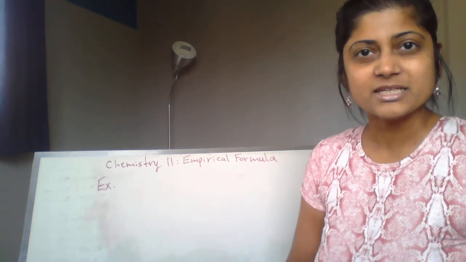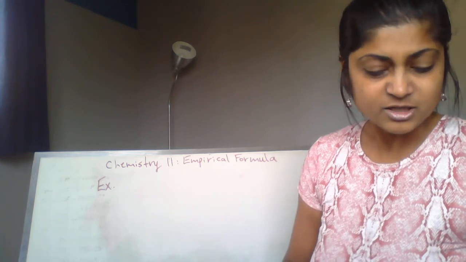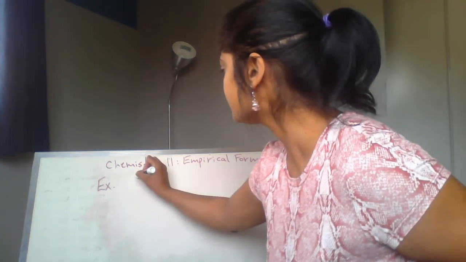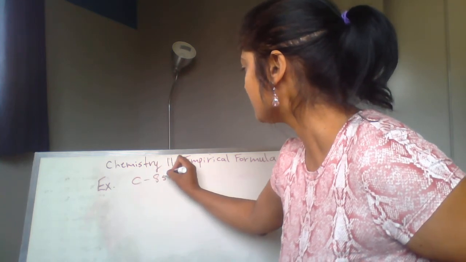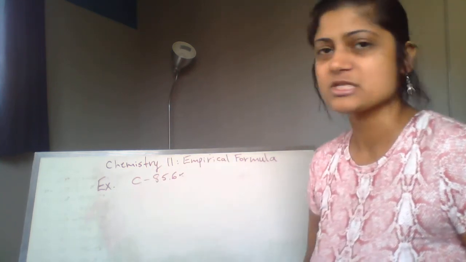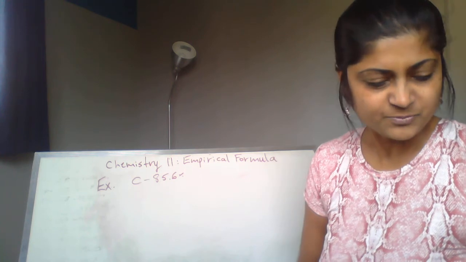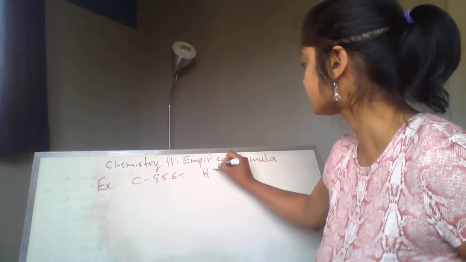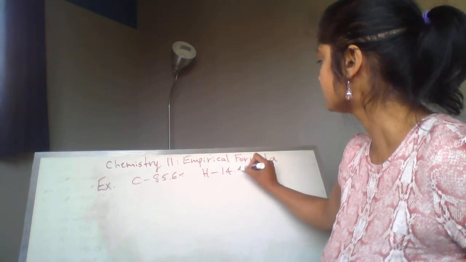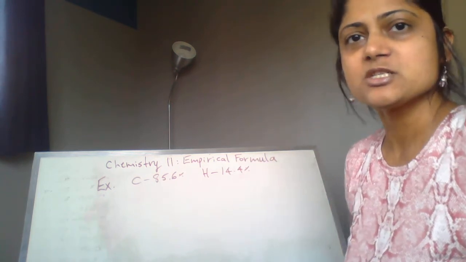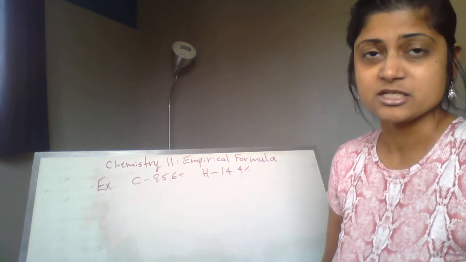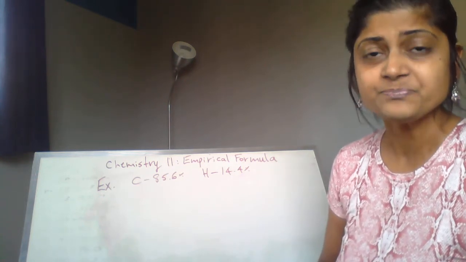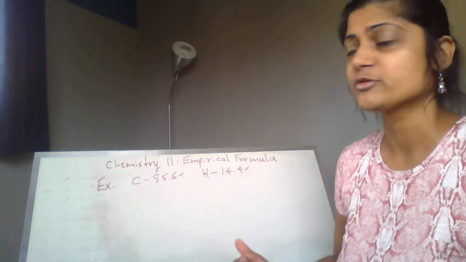It says calculate the empirical formula of a compound that is 85.6% carbon. So I'm going to write down the percentage of carbon that's given here, and it's 14.4% hydrogen. So we're writing down the percentage, and what you're going to do when you calculate the empirical formula is assume 100 grams.